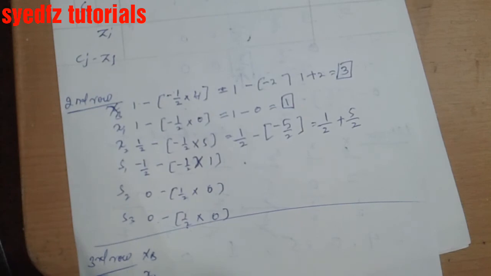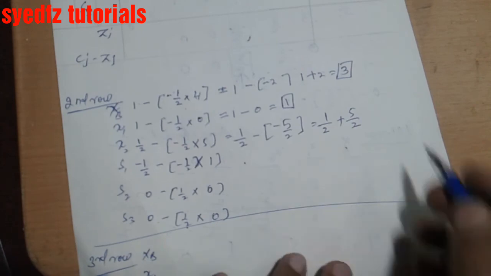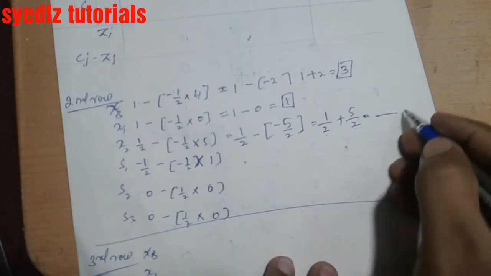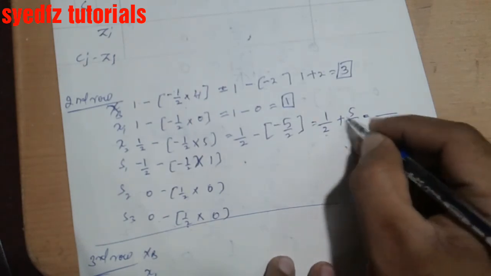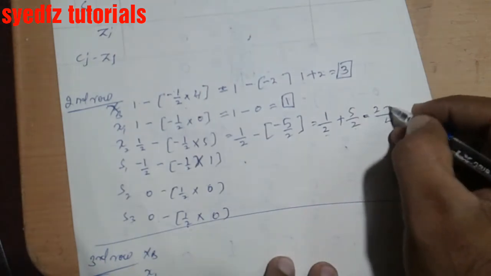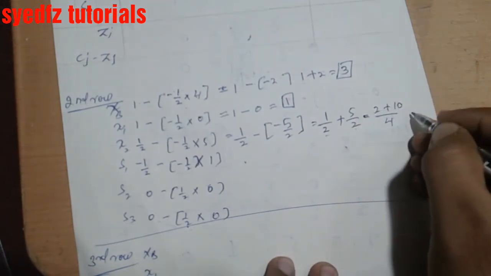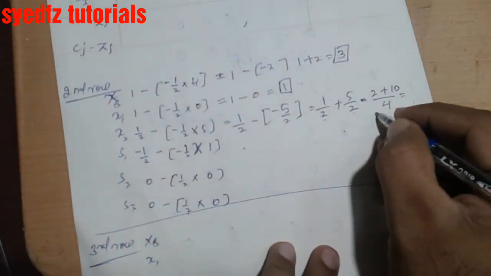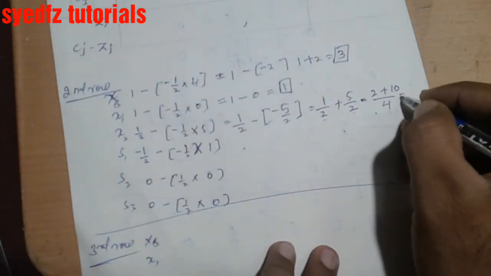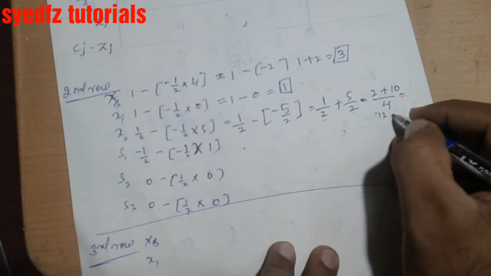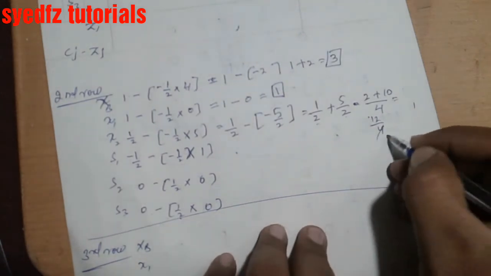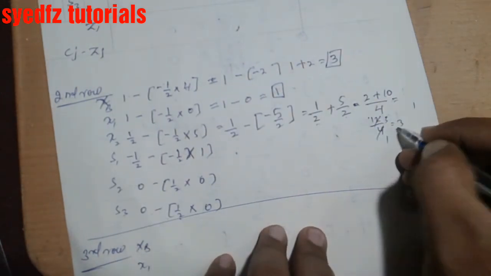Both are plus, so we have to take the LCM. 2 2s are 4, 2 1s are 2, 2 5s are 10. 12 divided by 4, 12 by 4 means 3.